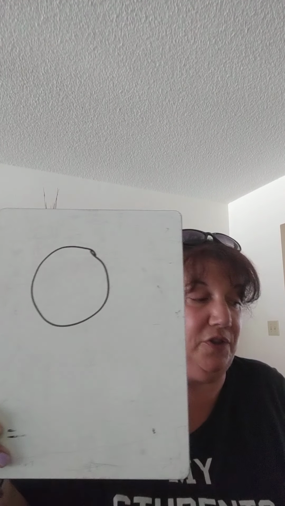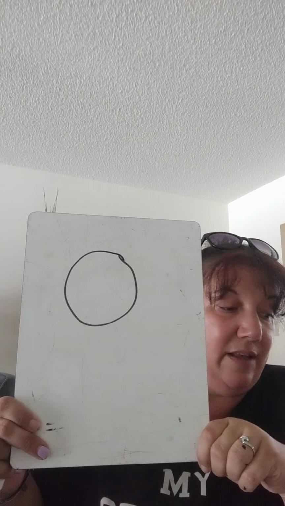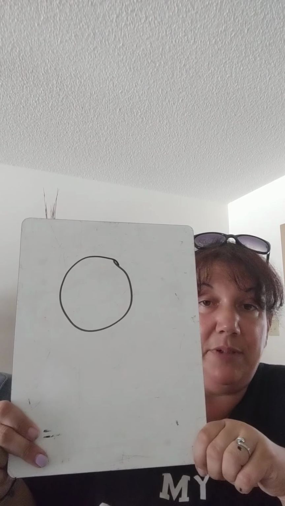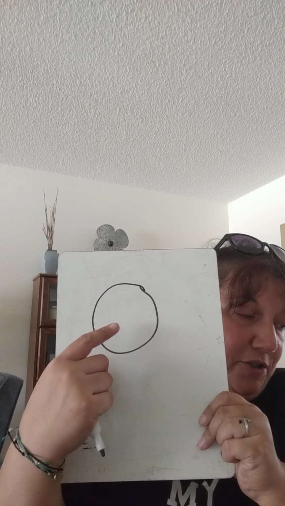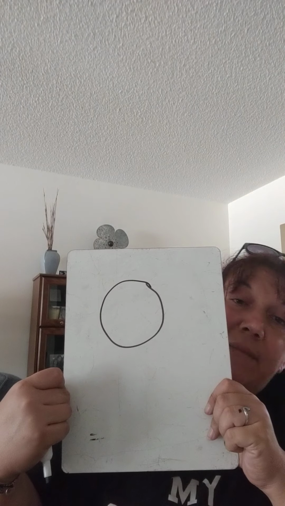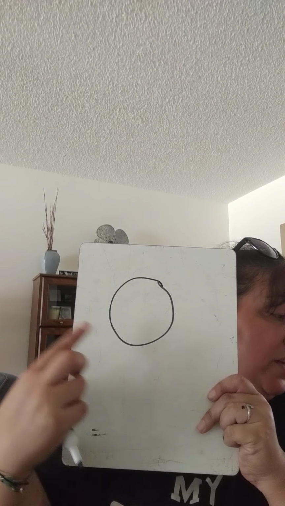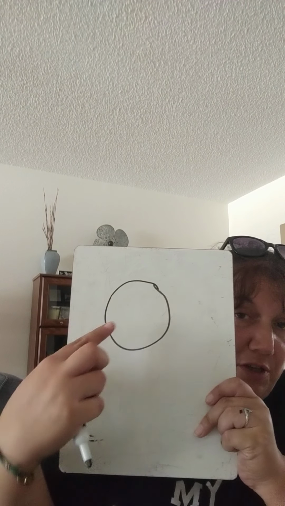You just circle which ones are correct. Well, we already know that it's definitely a plane shape, because a plane shape is anything drawn on a flat surface. It could have curves, it could have line segments. So that is a plane shape. Is it an open shape? No, it's not, because there's no openings. So that means we can circle closed shape because we know it's a closed shape.